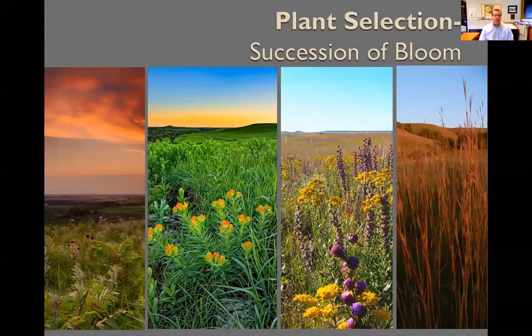Hope that makes sense, but you're thinking of these not only as they grow and bloom, but what will they look like later in the season when they're out of bloom or not blooming quite yet.